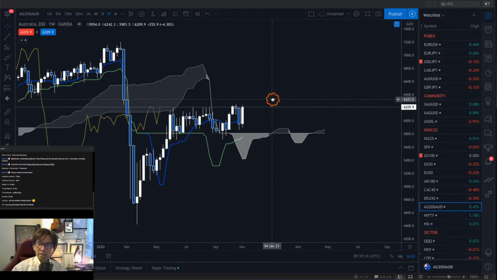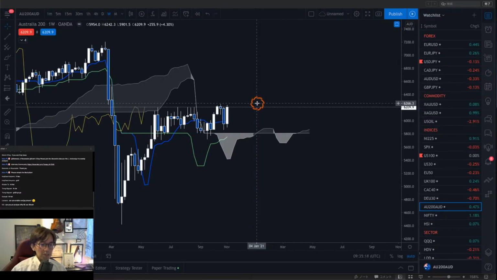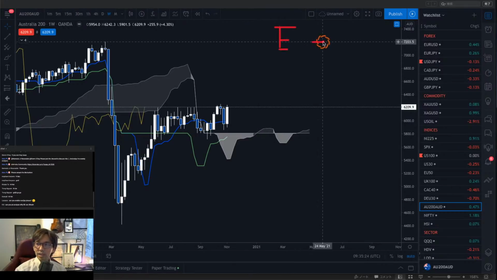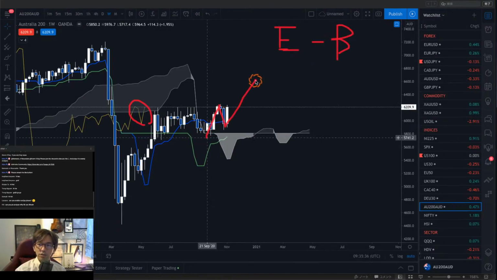Okay, Australia 200 looks to be a potential bullish trend because first of all, let's look at the equilibrium. Equilibrium's bullish because the price is above Tenkan, Kijun, Kumo, and Chikou span is above the candles. So it's bullish. So we can expect the potential continuous N wave structure this way overall.